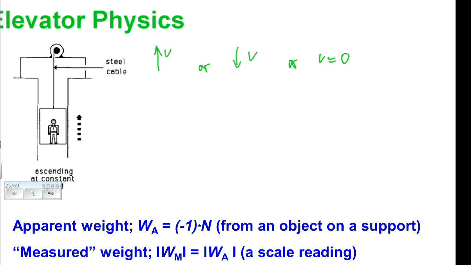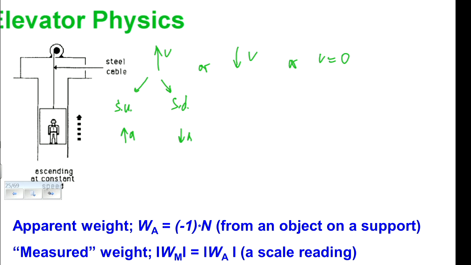So we have to relate this motion with acceleration. What options do we have? Well, speeding up, acceleration also points up. Slowing down, how does acceleration point? Opposite to velocity, which means here, down.